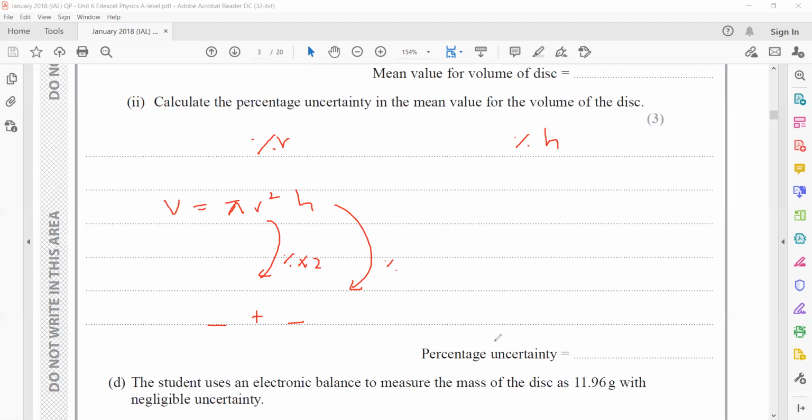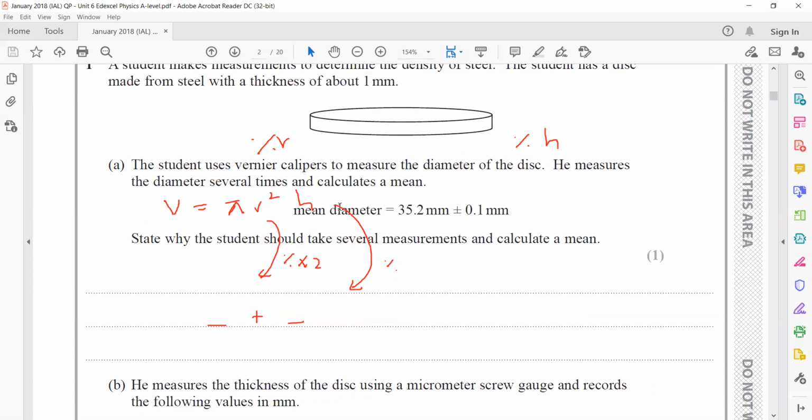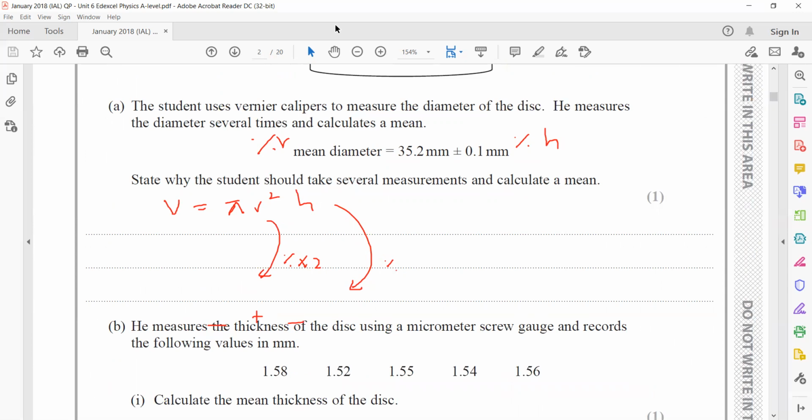How to get the percentage uncertainty in diameter? The uncertainty in diameter will be the same as in radius, because that's only divided by 2. So diameter 32.5 and smallest value is 0.1.